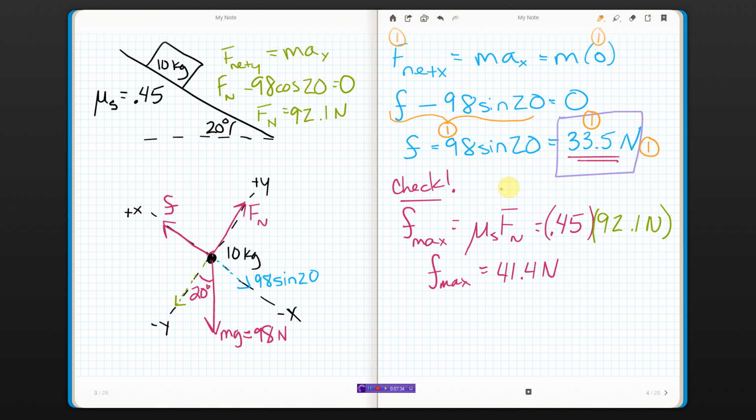A point for getting the correct trig function, like it's a sine of 20. Note that 98 cosine of 70 would also be acceptable.